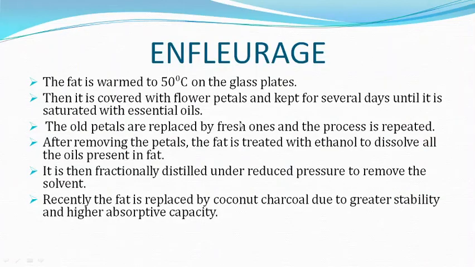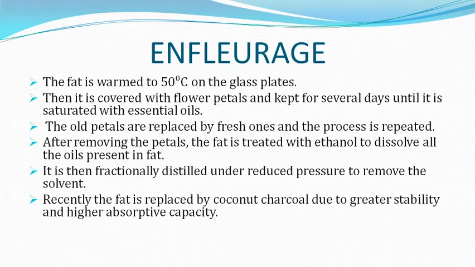The next method is enfleurage. In this method, the fat is warmed to 50 degrees centigrade on glass plates. Then it is covered with flower petals and kept for several days until it is saturated with essential oils. The old petals are replaced by fresh ones and the process is repeated.